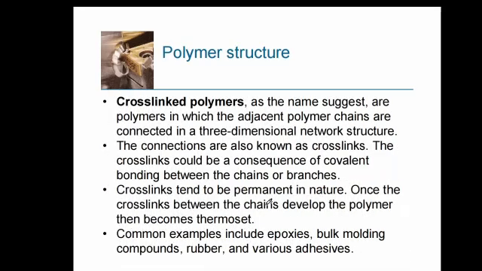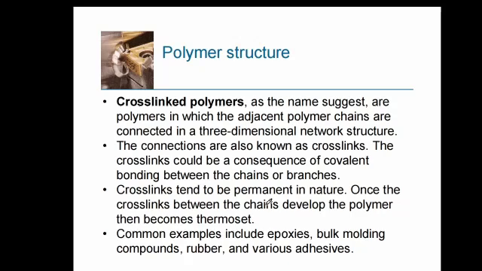And then when it comes to cross-linked polymers, we mean polymers where the polymer chains that are next to each other are connected in a three-dimensional network structure. And these connections are known as cross-links. And usually these cross-links are as a result of covalent bonding between the chains or between the side branches with the backbone chains.